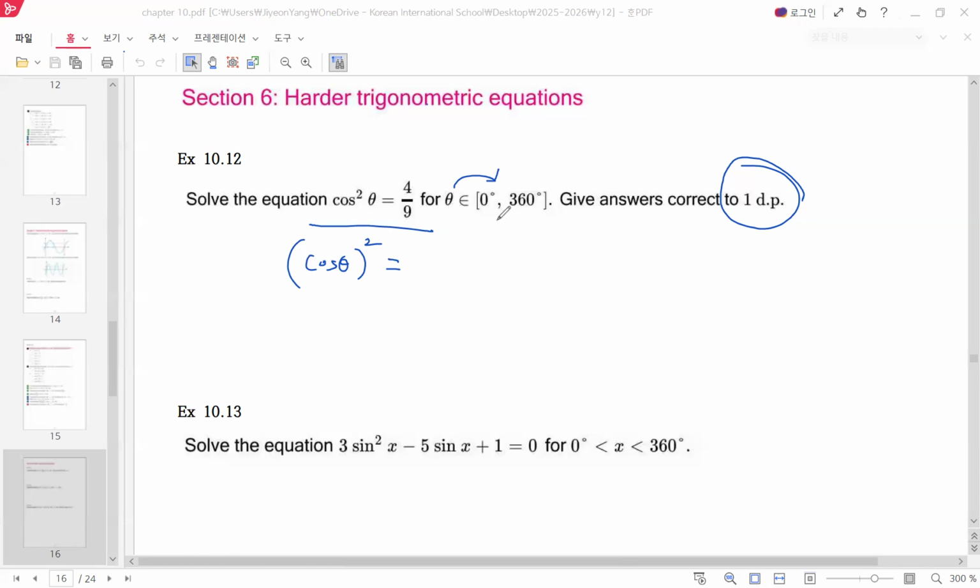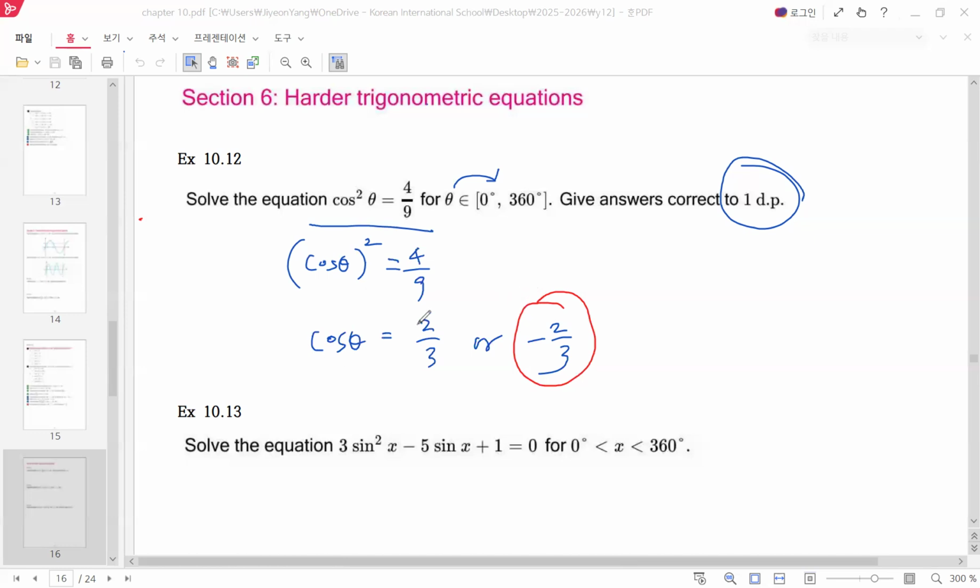So students, cosine theta whole square is 4/9. It means that cosine theta is either 2/3 or negative 2/3. Students, don't make the mistake of omitting the negative one, okay? You are not primary school students anymore, so you need to always consider that there should be a negative number that makes a positive one when this number is squared.